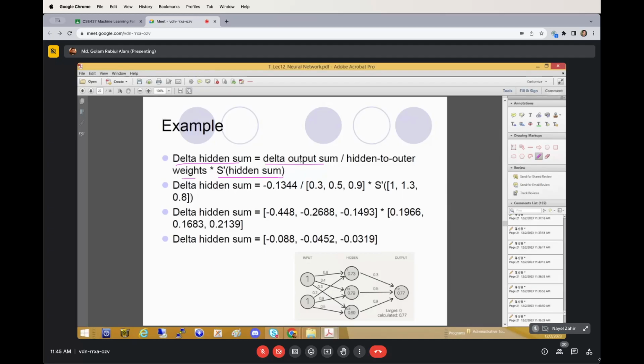So for the sigmoid of the hidden sum, here the hidden sums are 1, 1.3 and 0.8. That means sigma of 1, sigma of 1.3 and sigma of 0.8.